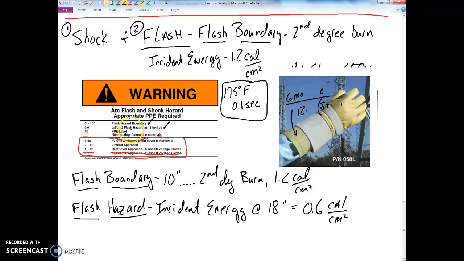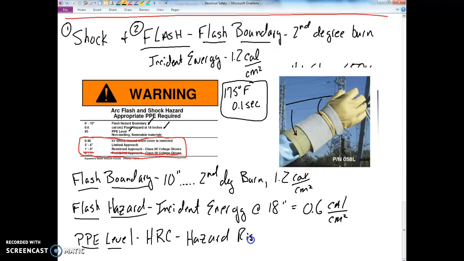Then the last thing there is what we call the PPE level, or nowadays it's a little more commonly called the hazard risk category, HRC. And that is required.